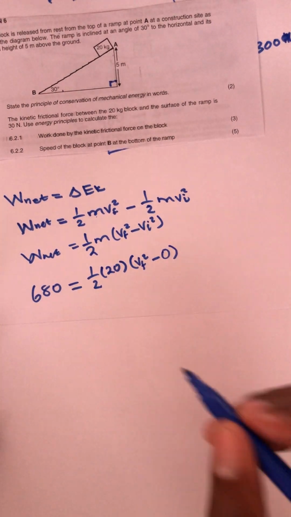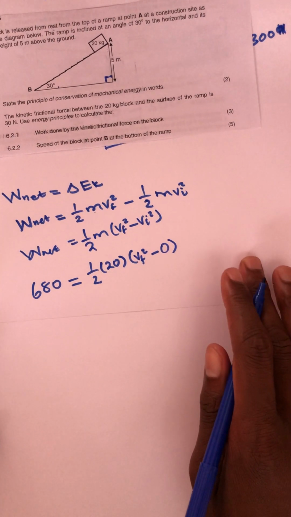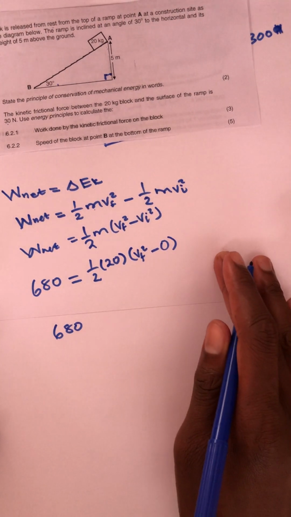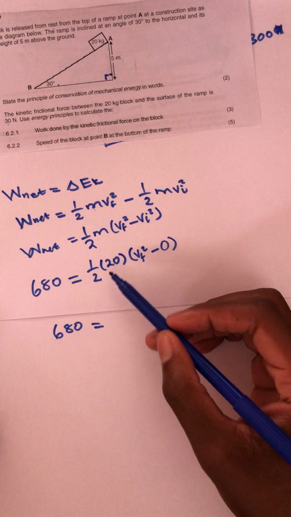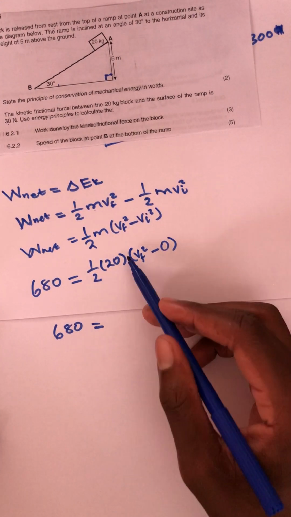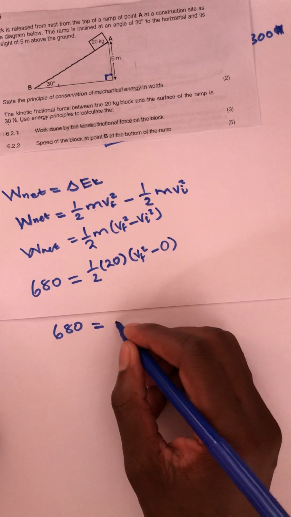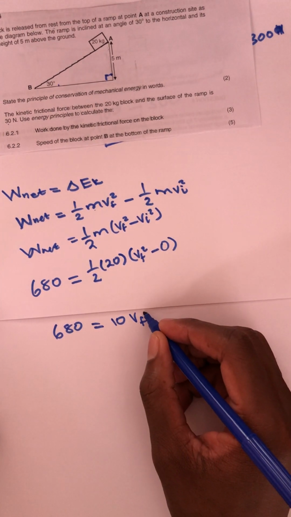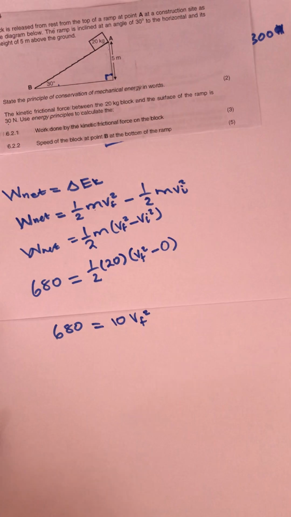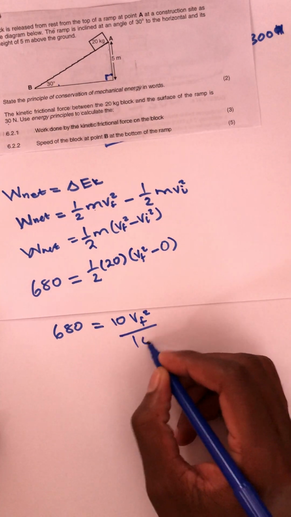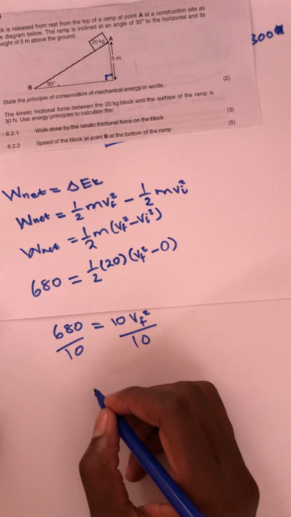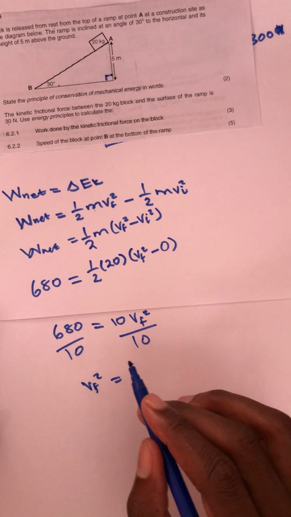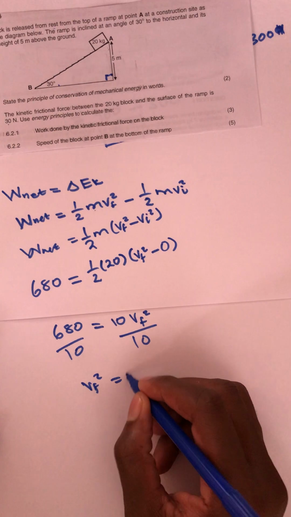So from here, 680 is equal to 20 multiplied by 1/2, which is just 10, times vf squared. So from here, just divide by 10, so vf squared is equal to 680 divided by 10, just 68.